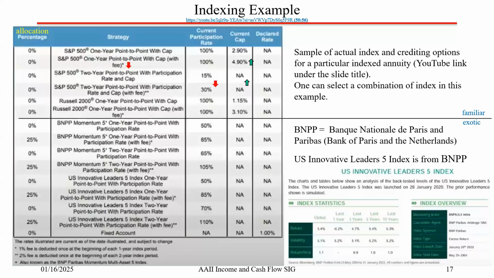And that was done May 2004. And you can see that you can actually have more than 100% participation rate. But with a low growth index, is that better? So I would stick with the familiar index.